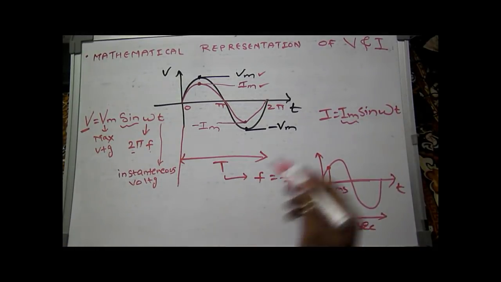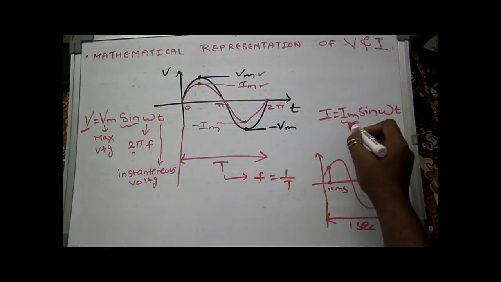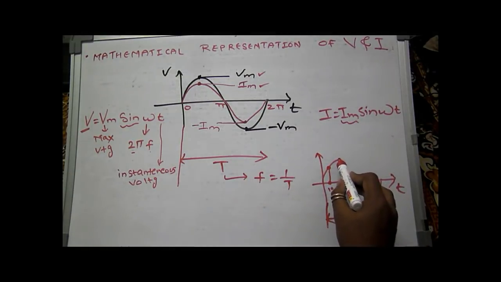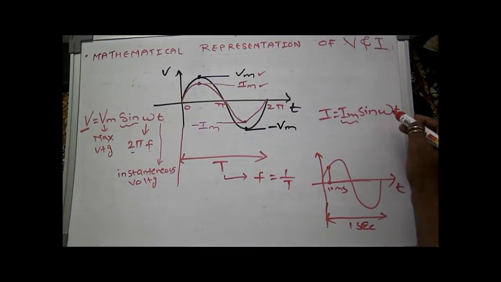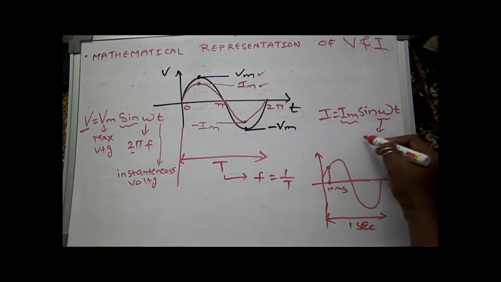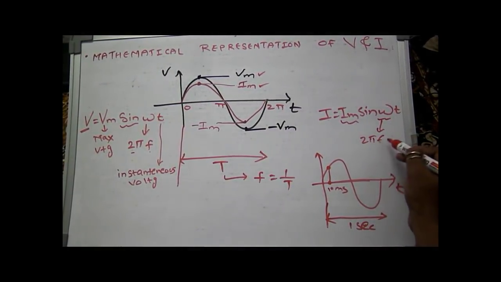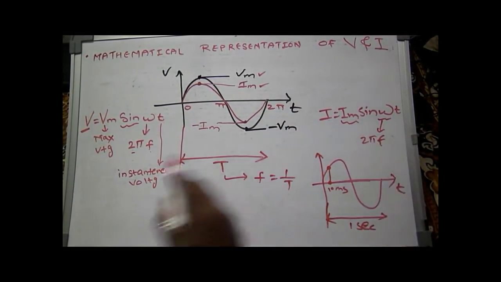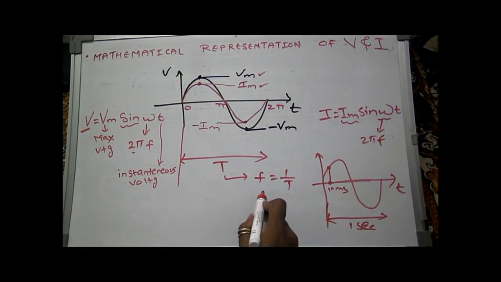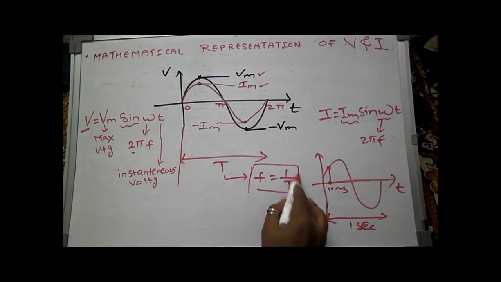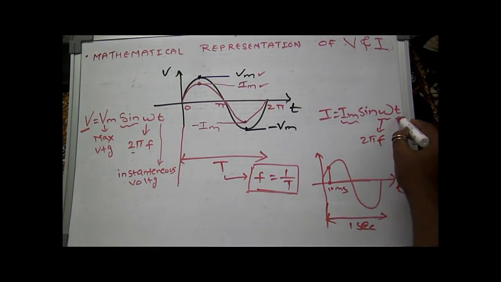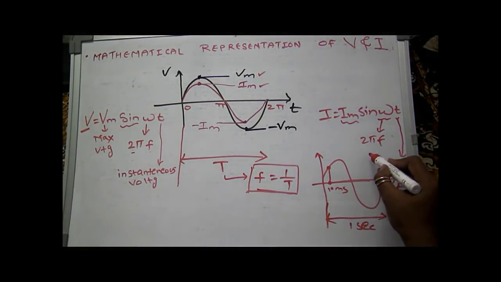In the same way it is for current. Here Im is the maximum current, that is this one, and omega is again 2 pi into f. We can calculate this f from this T, and this small t is the instantaneous current.